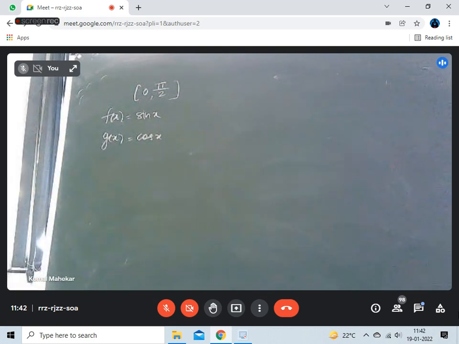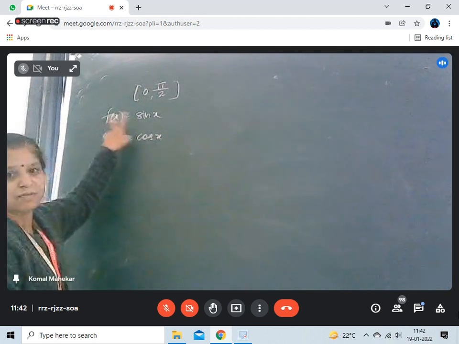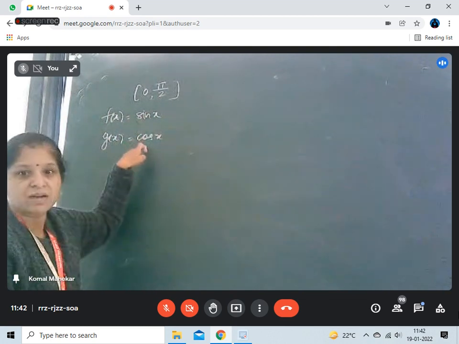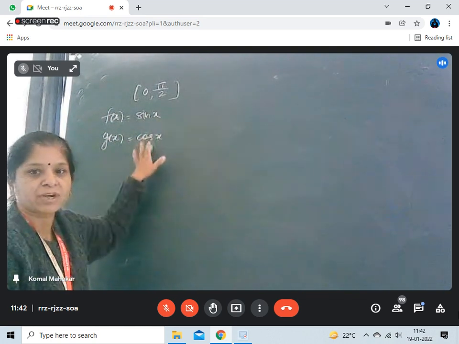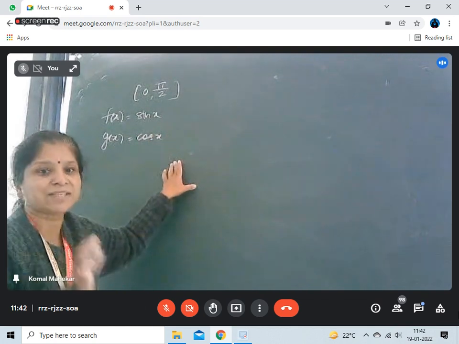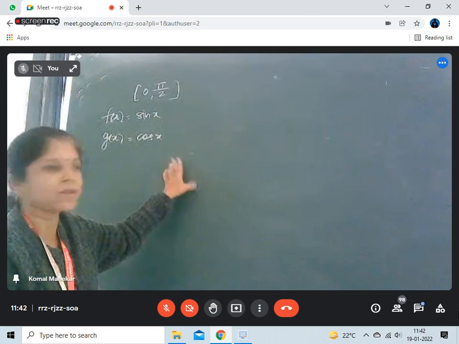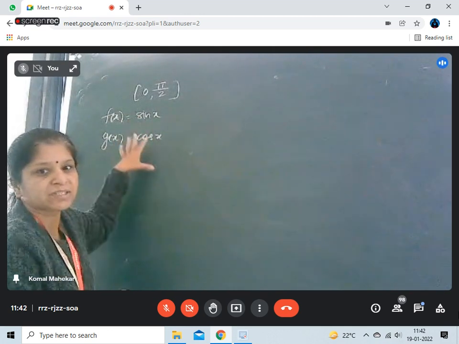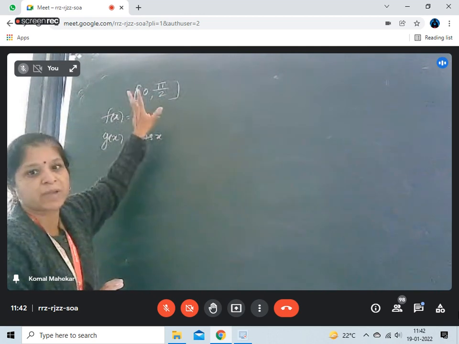Now these are trigonometric functions, and trigonometric functions are continuous. You can draw the graph of sin x and cos x. It is continuous. So both are continuous in the closed interval 0 to pi by 2.